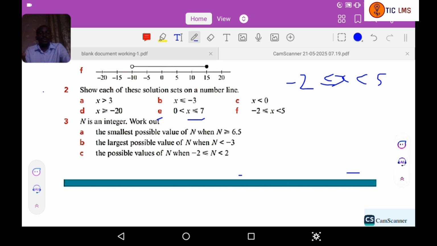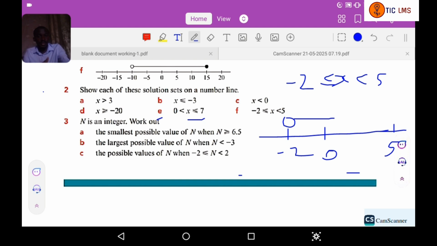So if you have your number line and you have 0 here, -2 here, and let's say we have our 5 here. I know there's equal to, but let's just take it one after the other. If you say -2 is less than x, it means that x is greater, so the values of x we are referring to are on the right.